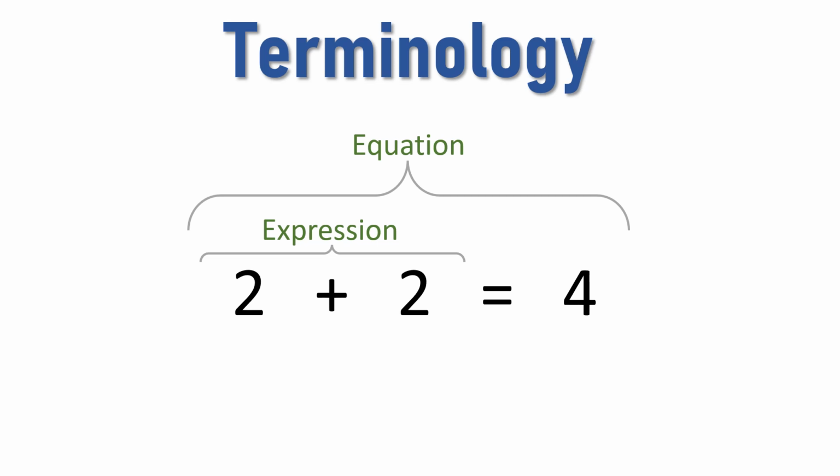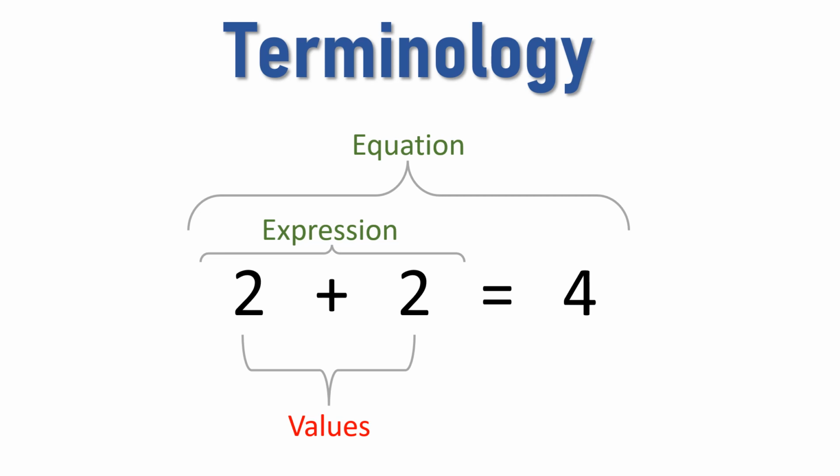Now, an expression can be broken down into two major components that are always present. The first component is made up of these numbers that I have here, and I'm using 2 for both the numbers. And these 2's are called values. So values are the pieces of data that you're actually working with, right? It's the data you're actually working with. If this was fruit, it would be the apples and the oranges, right?